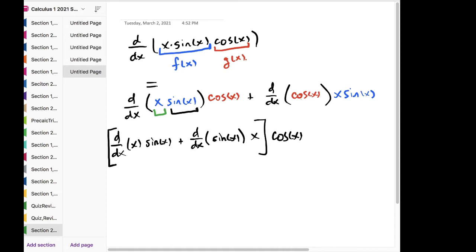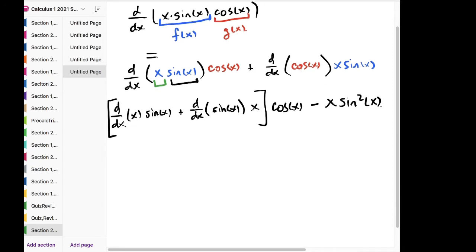Right, this whole thing is being multiplied by cosine. And then what's the derivative of cosine? Negative sine. Good. So when I combine the signs and put the x out front, this makes negative x sine squared.